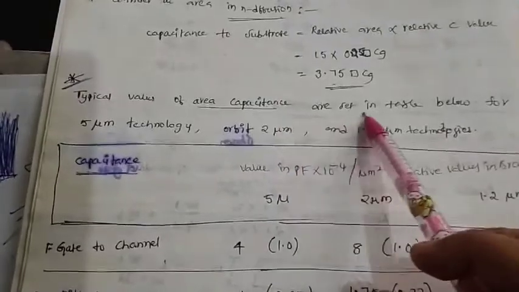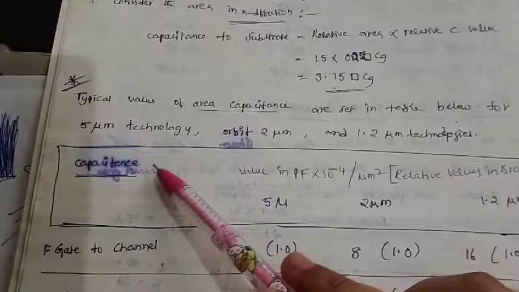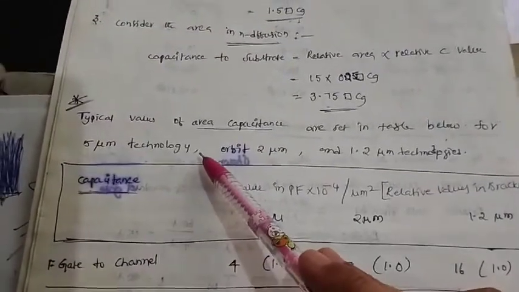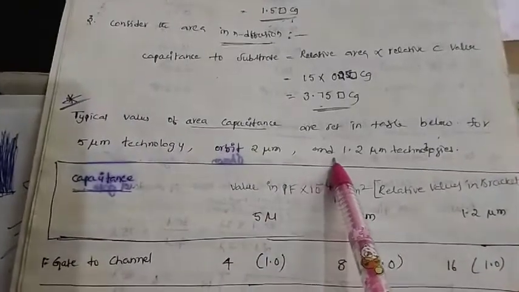Typically the capacitance values are set for 5 micrometer technology, Orbit 2 micrometer and 1.2 micrometer technology.